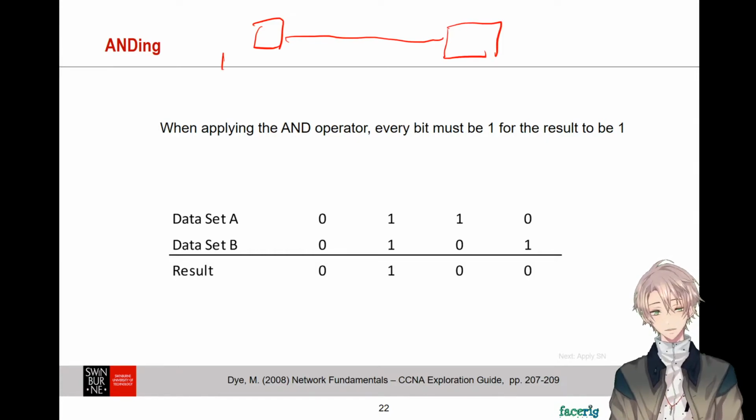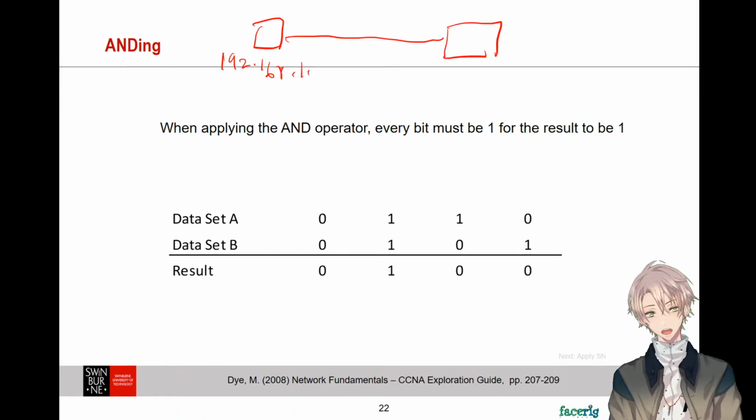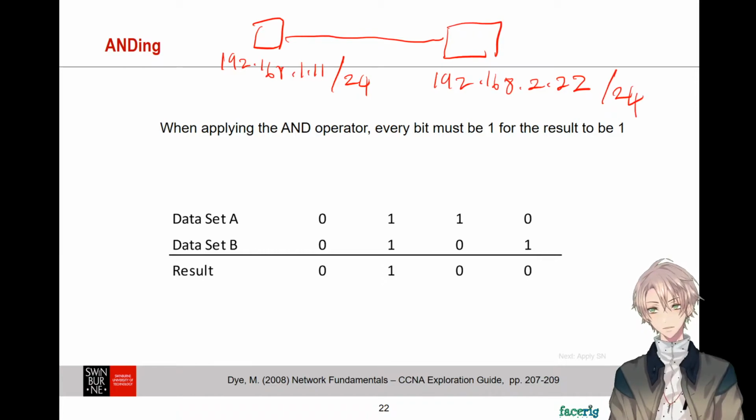You have 192.168.1.11, while this one is 192.168.2.22. Both of them are /24 IP addresses. You are trying to connect them together using your switch in a LAN, and you wonder why this does not work.